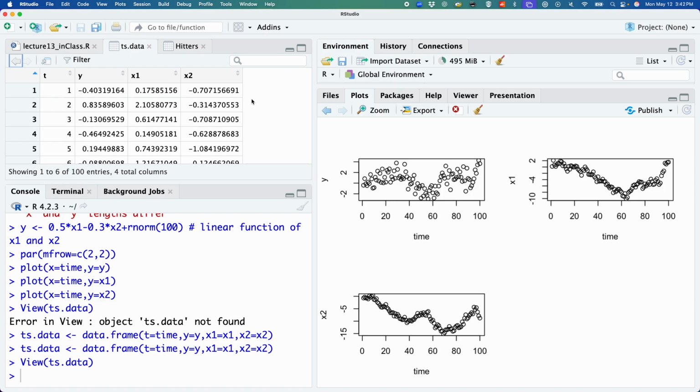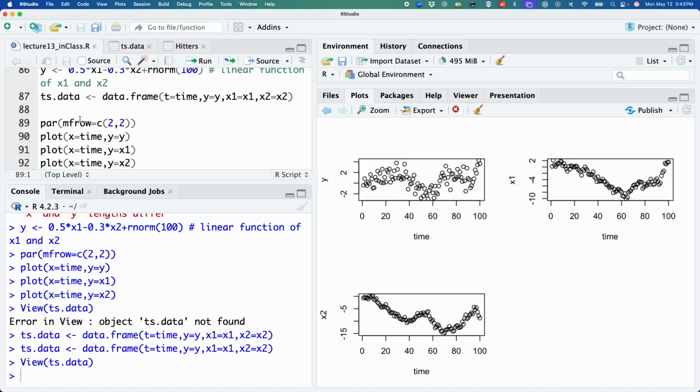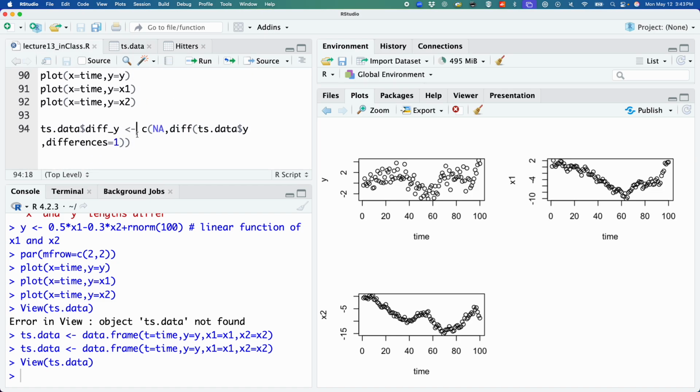And so you'll actually note that in this differences piece, when I create this column called diff y, which is the delta y I was talking about, at the front I put an NA because you have no value to difference against.